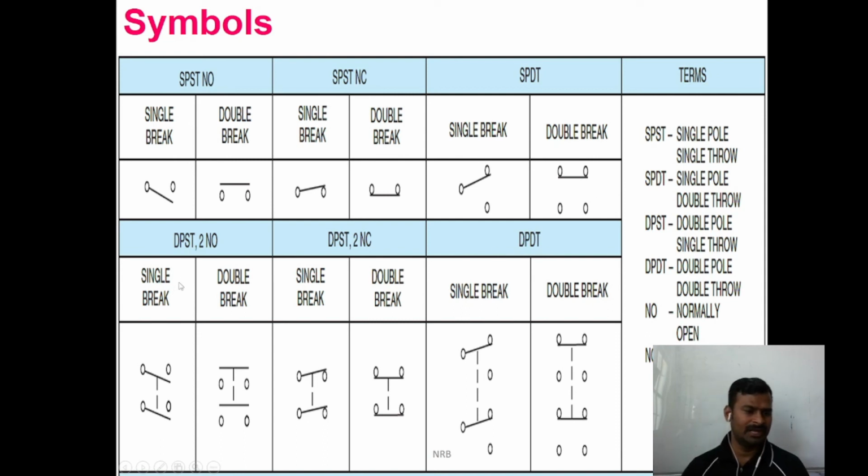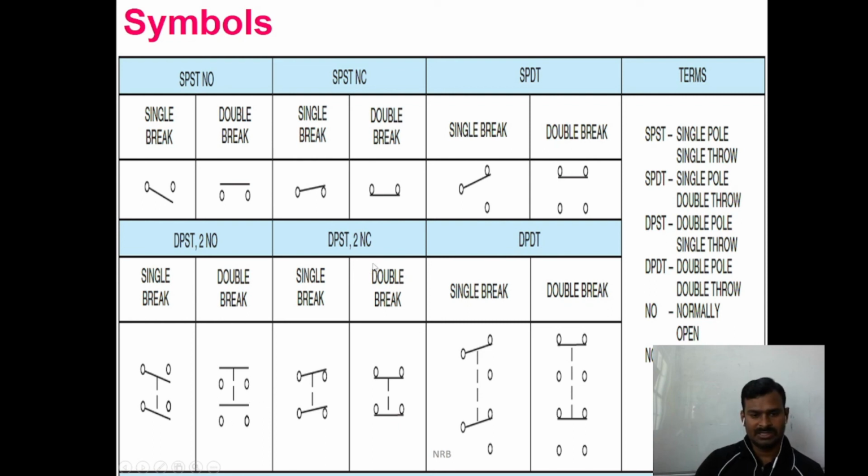And apart from that, we have a DPST, double pole single throw. We have a single break as well as double break. In some places we need to isolate both line and neutral. These are mostly used for single phase loads like AC and water heaters, and a double break is also available, where both the input terminal and output terminals will be isolated.